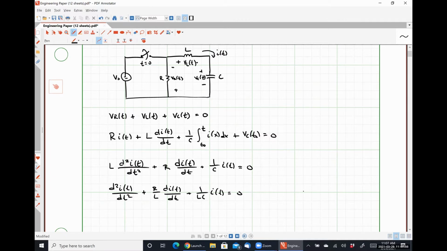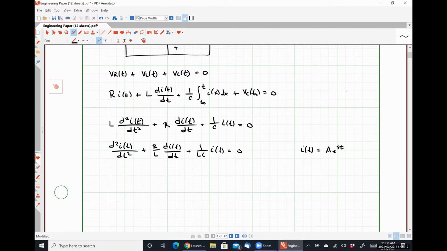times the current equal to 0. I'm going to make a guess as to the shape of my current, and I'm going to guess that it's going to be of the form A e^(st), which is the exact same guess we made in our last class period with regards to the capacitor voltage in our parallel RLC circuit.